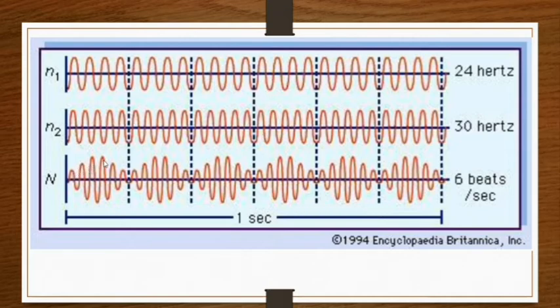So there is loud sound and soft sound, no sound, and then loud and then soft repeatedly, with the beat frequency of f beats equals f1 minus f2, always in positive value. So in this case it is 24 minus 30. In positive value it is 6 Hz, or the frequency of the beats is 6 beats per second.